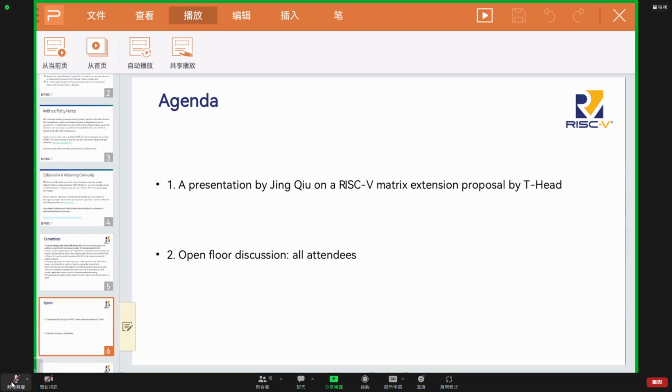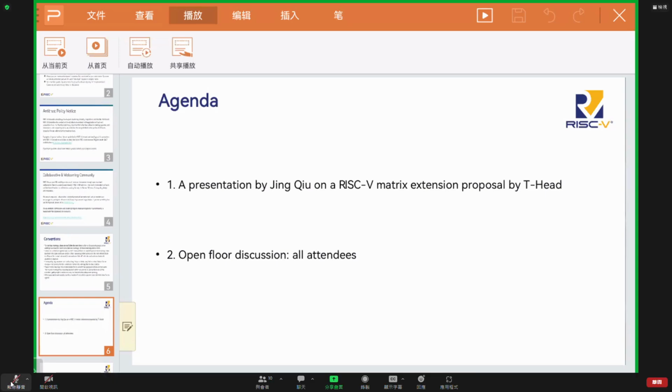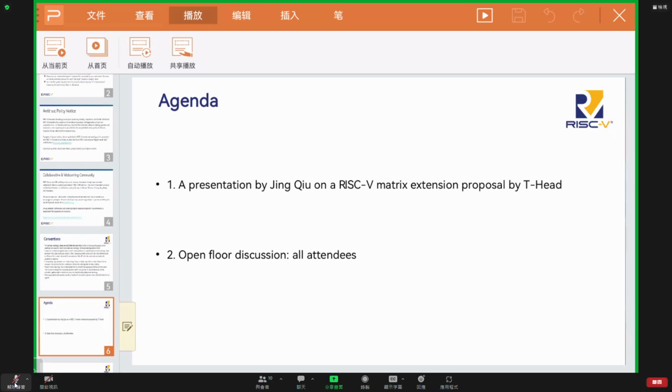Matrix memory access can load or store a two-dimensional matrix at one time. For example, the matrix load instruction will load multiple rows of continuous bytes or double words to matrix registers. That's how we separate VLEN and MLEN and how we separate the vector memory interface and the matrix memory interface.